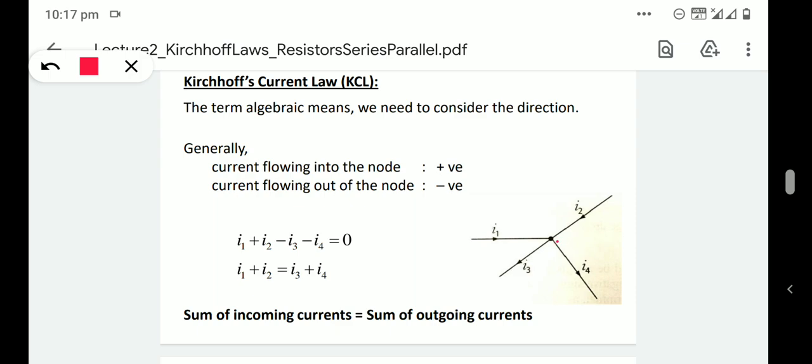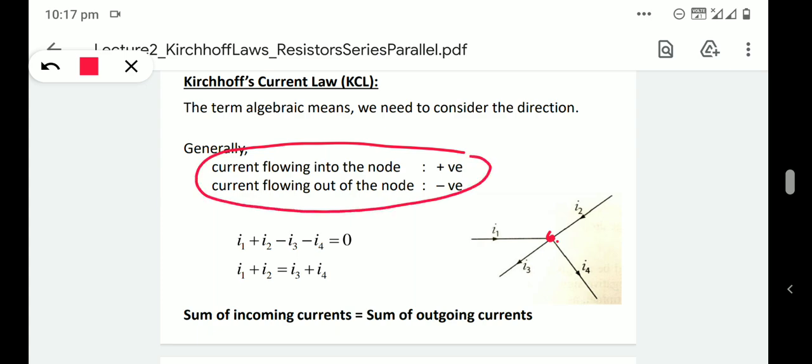I1, I2, I3 and I4 are the 4 currents at this particular node. So how can we decide whether a current is plus or minus? According to this condition, we can put the sign as plus or minus.